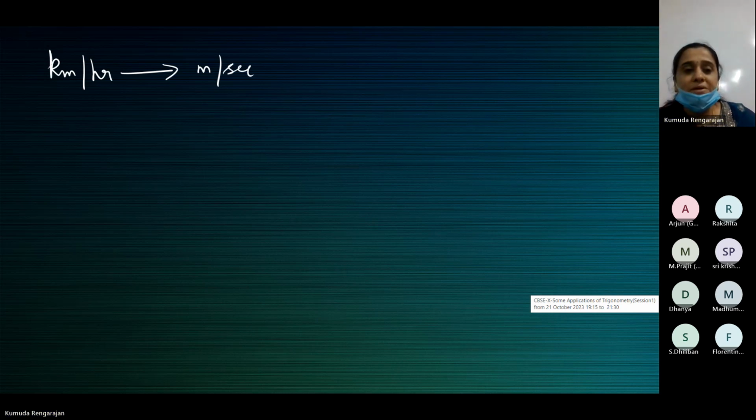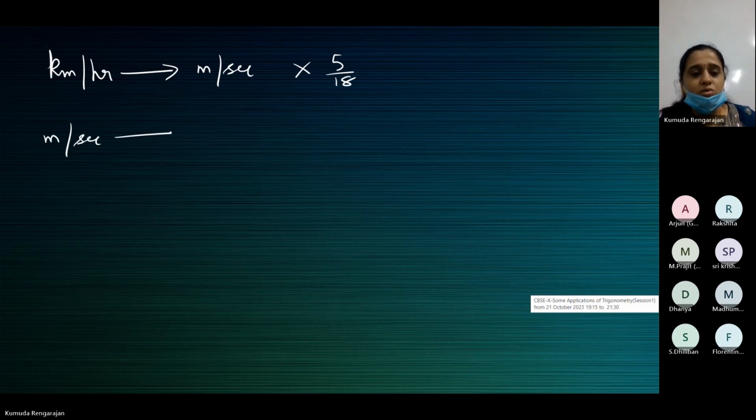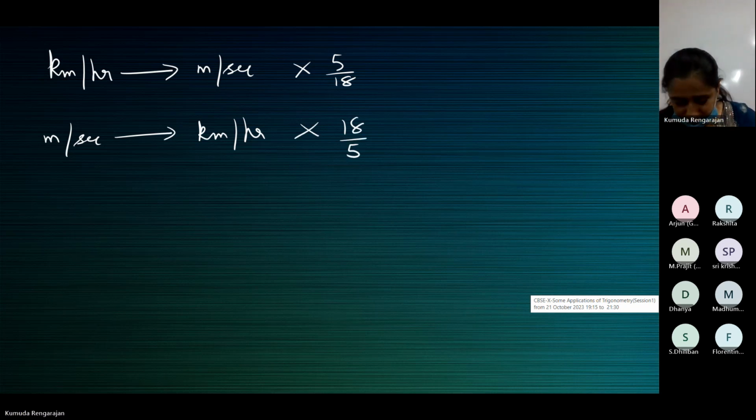Please make a note of this somewhere on the top in your book. Kilometer per hour to meter per second, you should multiply by 5 by 18. Meter per second to kilometer per hour, you need to multiply by 18 by 5. We need to convert speed, which is in kilometer per hour, to meter per second, because time is in seconds.